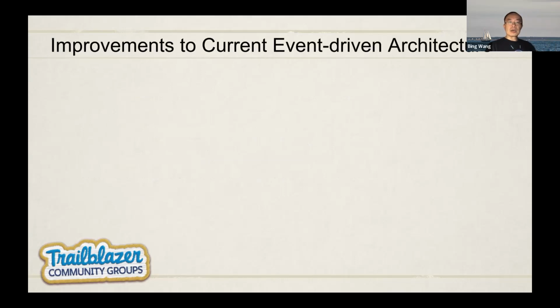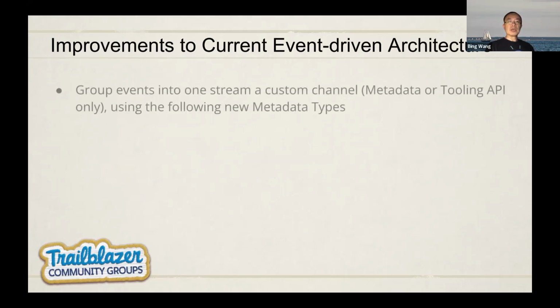So let's talk a little more about the details of the improvements to the current architecture. The grouping of events into a stream uses some of the newly introduced metadata types, which are platform event channel and platform event channel member. The reason this is important is, if you think about streaming API or anything that goes across streaming API, like change data capture, it's all commit based if you look at it from a client perspective.